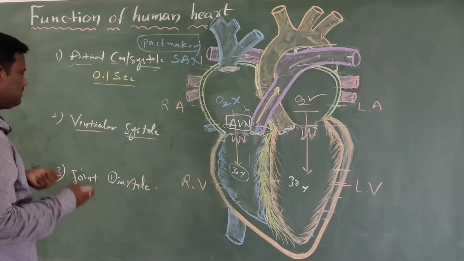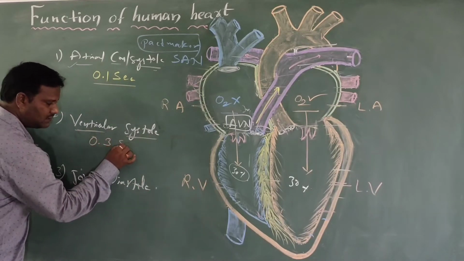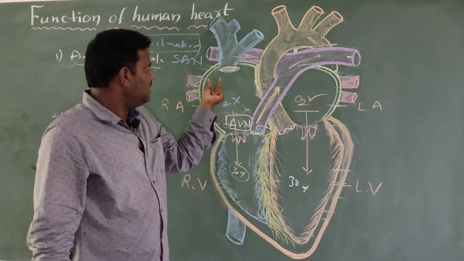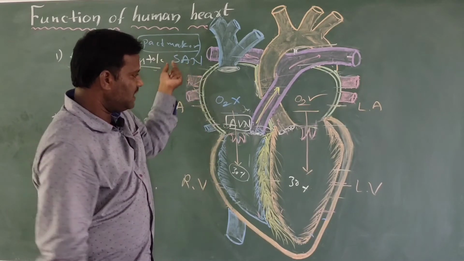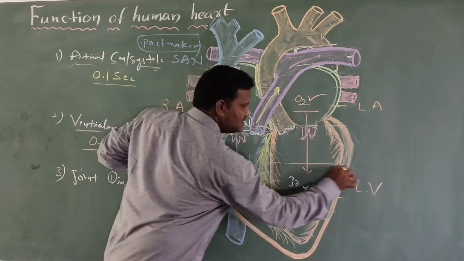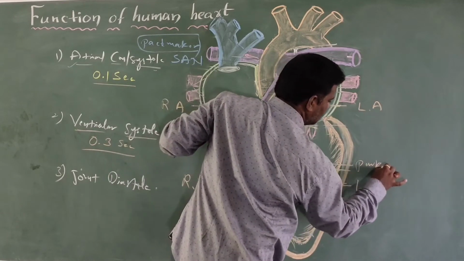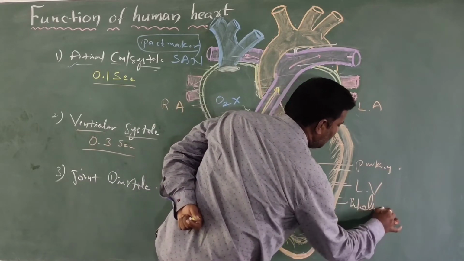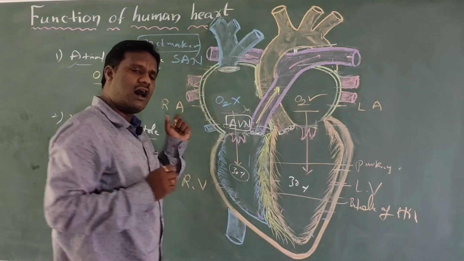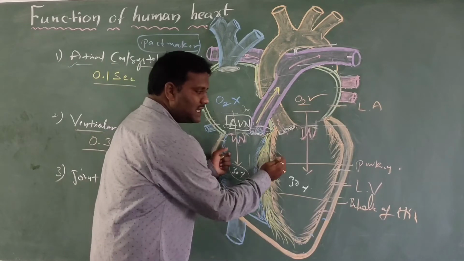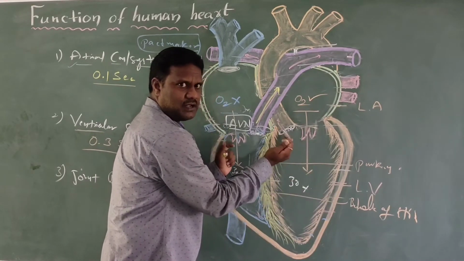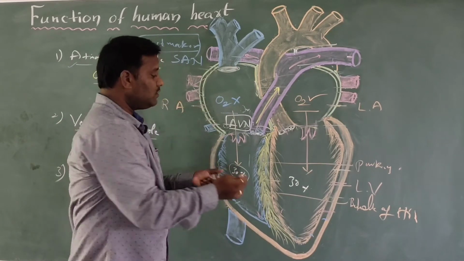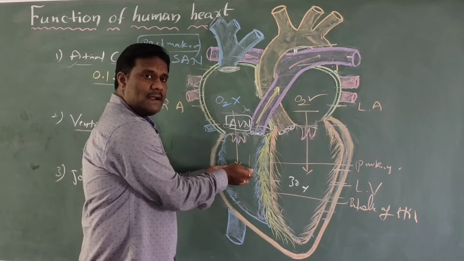Ventricular systole takes approximately 0.3 second, Nana. Next, the action potential signals from the SA node or pacemaker pass to the bundle of His and then to the Purkinje fibers. The bundle of His and Purkinje fibers together spread in the ventricles, which helps ventricular contraction. When the ventricles contract, the blood pressure becomes very high.